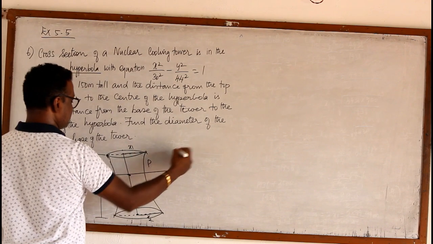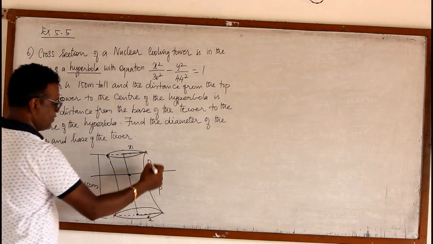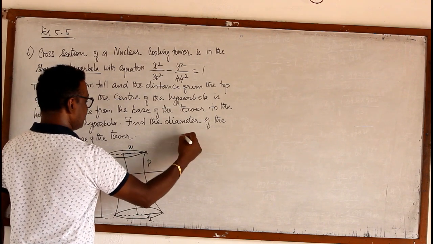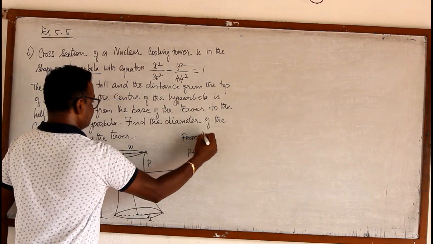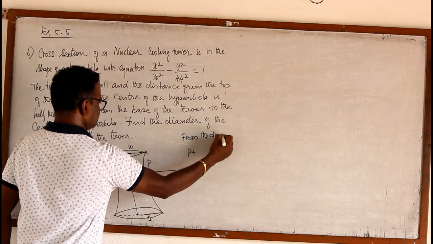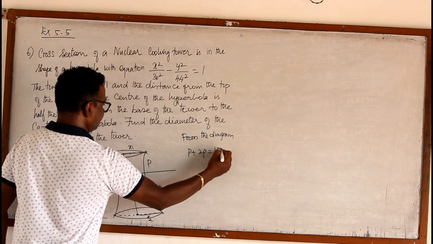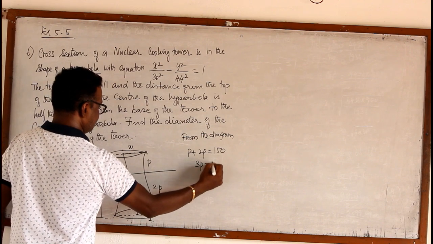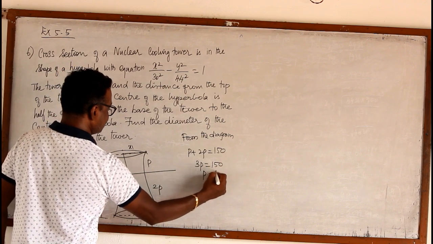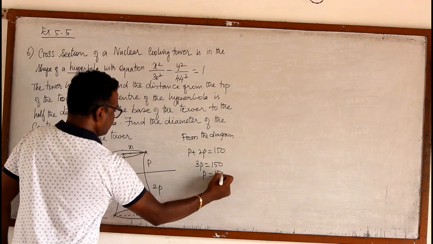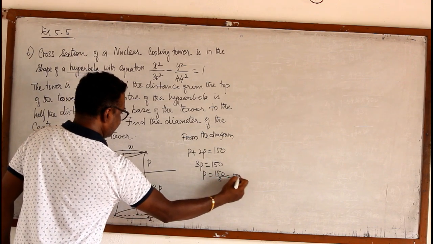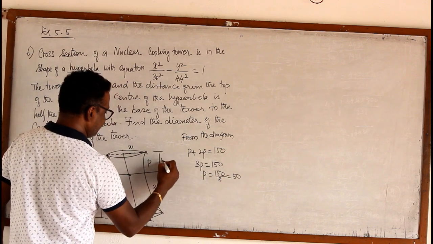Now, before going to this problem, we know the total height is 150. That means, from the diagram, p plus 2p is 150. That is 3p is 150. So p is 150 by 3, it is 50. So this height is 50.